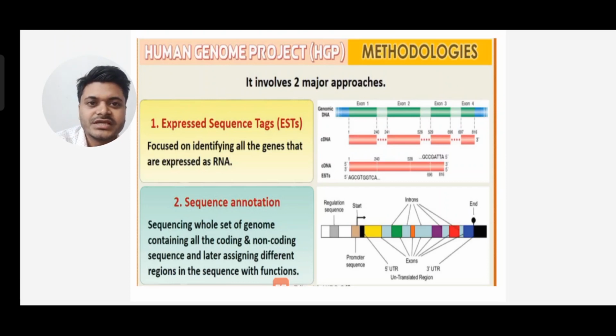Expressed Sequence Tag focuses on identifying all the genes that are expressed as RNA. The second one is sequence annotation, that means sequencing the whole set of the genome containing all the coding and non-coding sequences, and later assigning different regions in the sequence with functions. On the right hand side you can see the pictures.